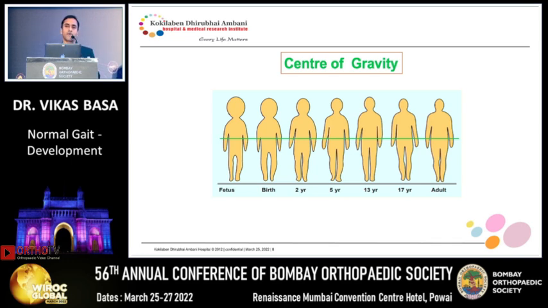In children, the body proportion is different. They have a large head and upper trunk as compared to the adults. The center of gravity in children is located at a high level in the chest, just below the armpits. As they grow and develop, the center of gravity shifts down, and at maturity, it fixes just in front of the second body of the sacral vertebra.